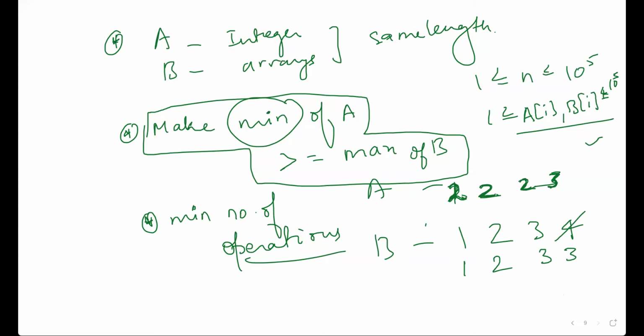Okay, I think the second array was 1, 2, 3, and 4. Wait. How are we getting 4 in this case?